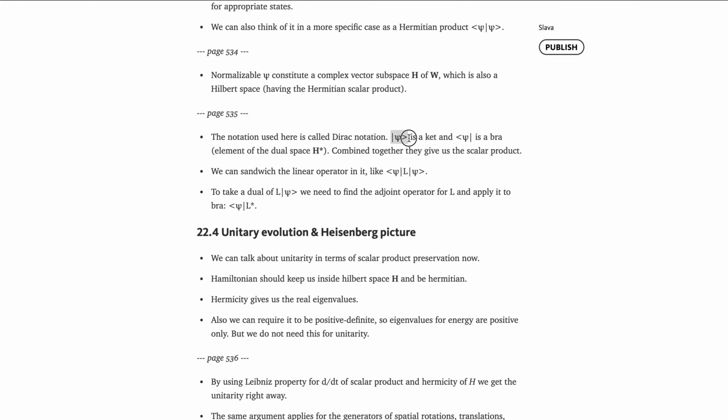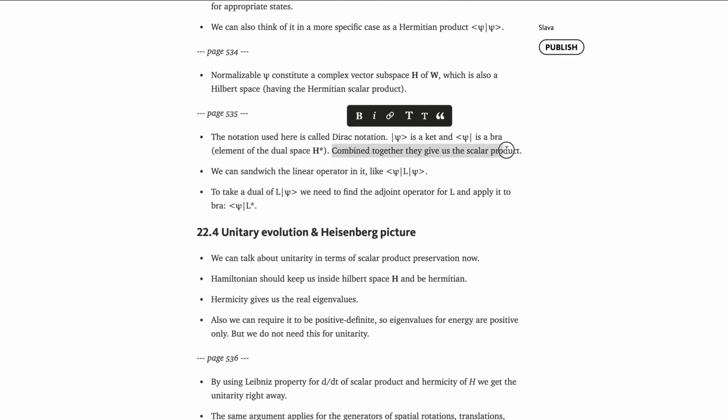We can call the vectors described like these kets, and the vectors with the arrows going in the other direction are called bras, and basically those are the elements of the dual space H star, which is just the space of linear functionals on our Hilbert space H. Therefore, combined together, they give us a scalar product, because a linear functional on a space taking some vector of H will just give some constant, in that case a complex one.